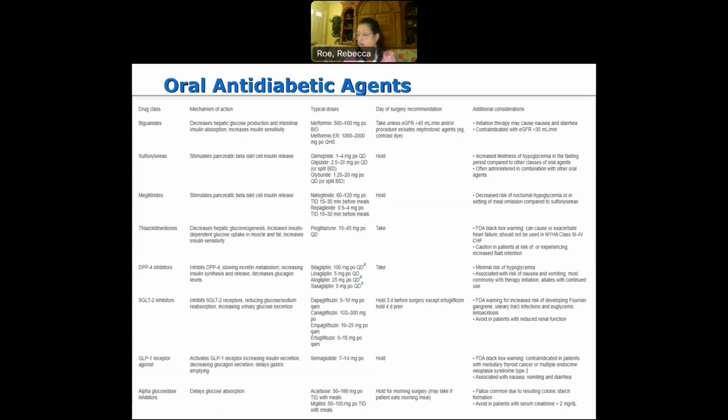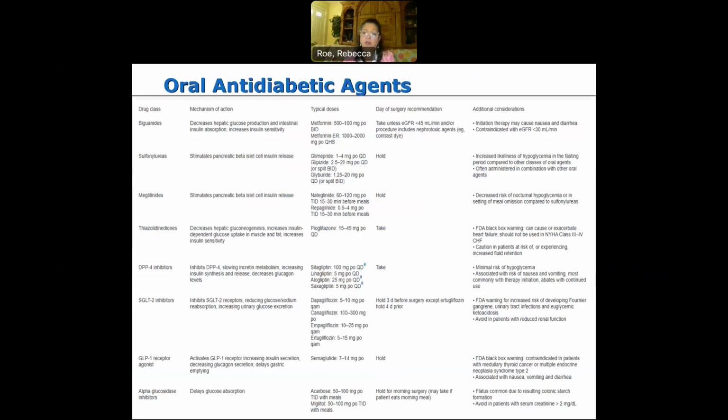So let's talk a little bit about oral anti-diabetic agents. There's lots of them now. And there's a few things that we've noticed specifically on the med-surg floor where we're doing clinicals. We've seen an uptick in some issues. And one thing that came to my mind is somebody asked me why we were having Fournier's gangrene.